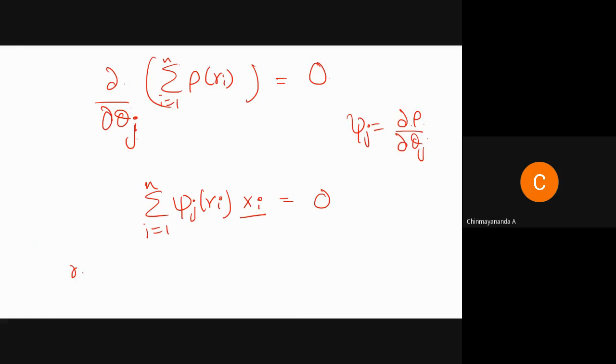How do I derive this? I will not derive it, but I will give you an idea of what is happening.